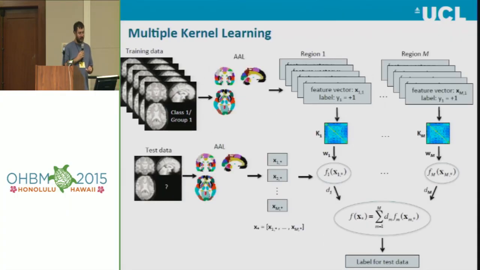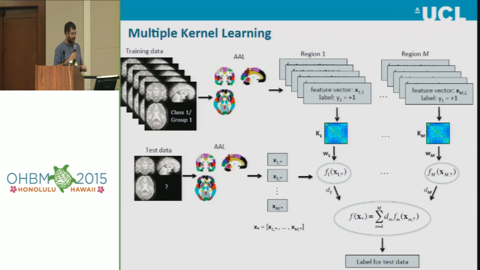In multiple kernel learning, it's a bit more involved. The example here is one where instead of each kernel being associated with a different imaging modality, each kernel is associated with a different region in the brain. So we're trying to learn weights associated with each region in the brain rather than different imaging modalities.